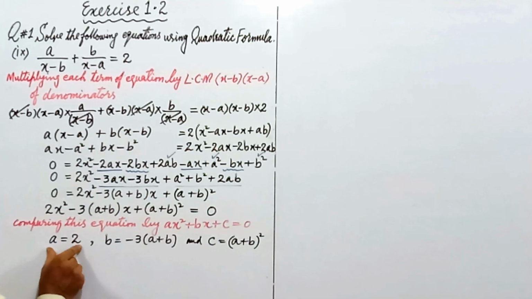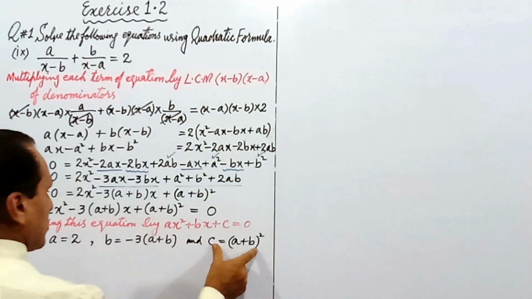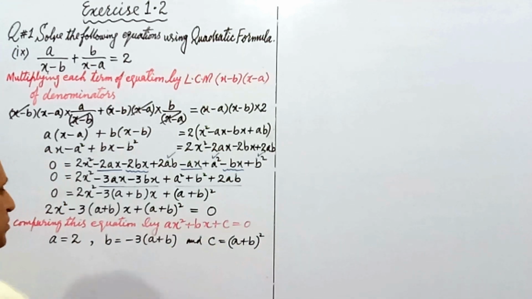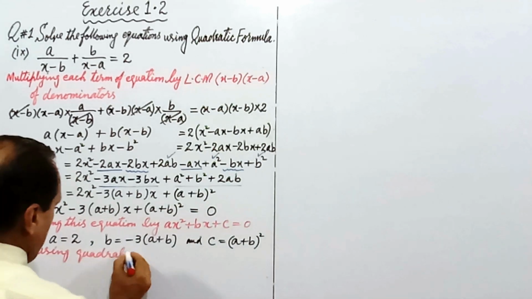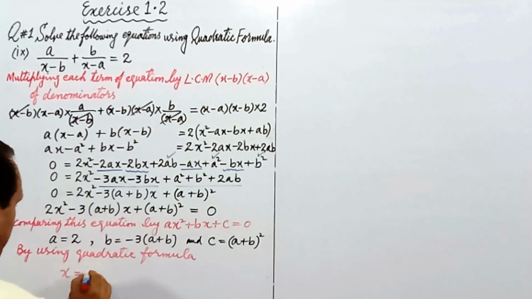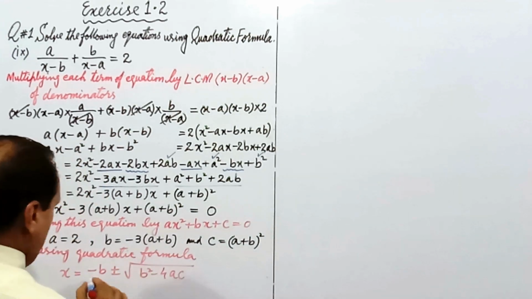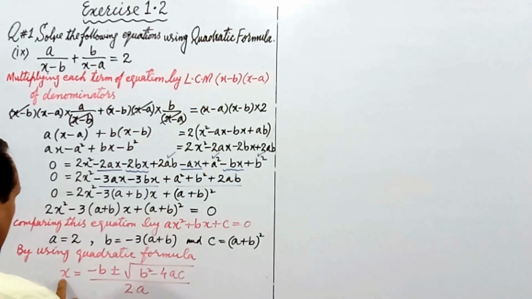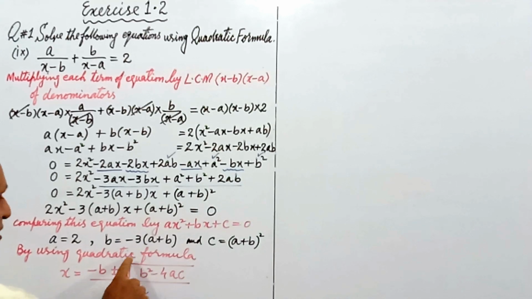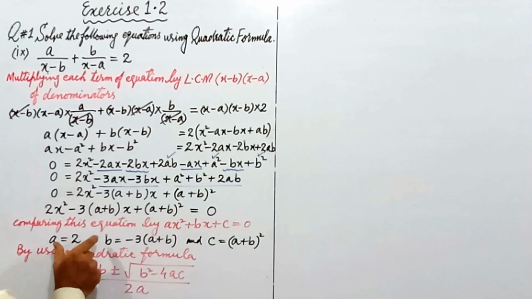We have quadratic coefficient, linear coefficient, and constant term. We can put these values in the quadratic formula. By using the quadratic formula, x is equal to minus b plus minus under root b square minus 4ac over 2a. We replace the values of a, b and c in this formula.